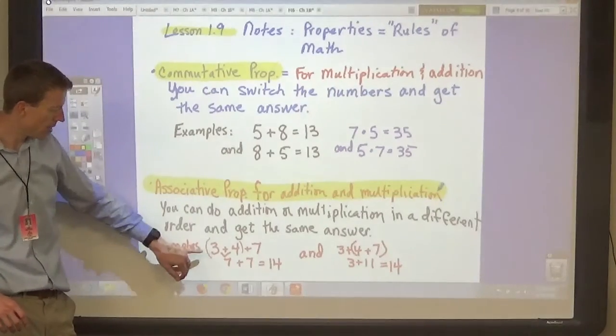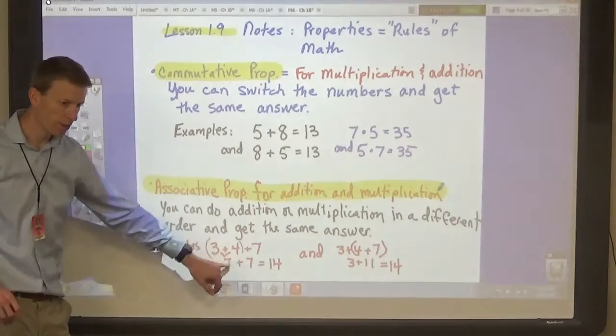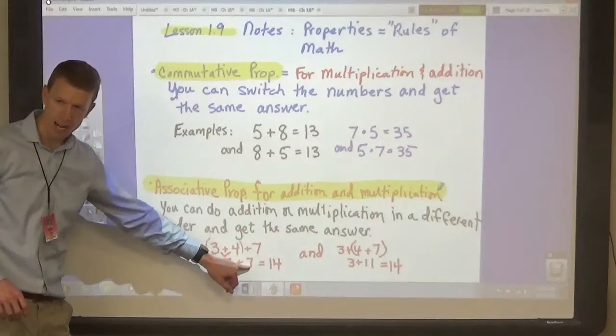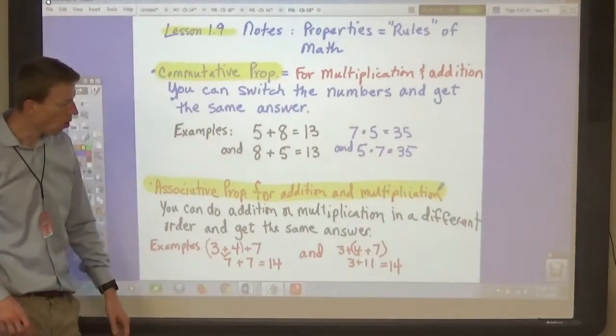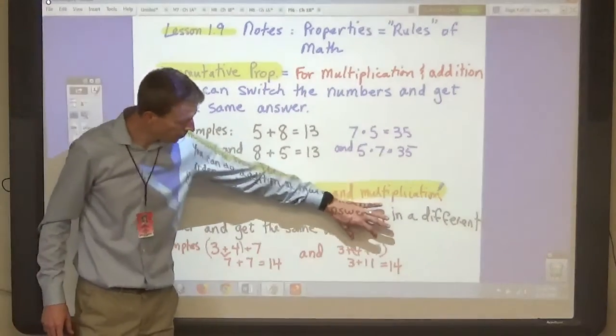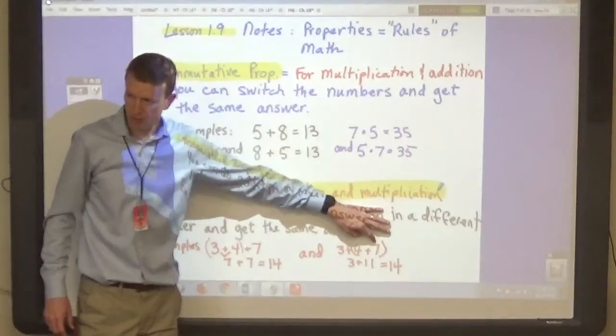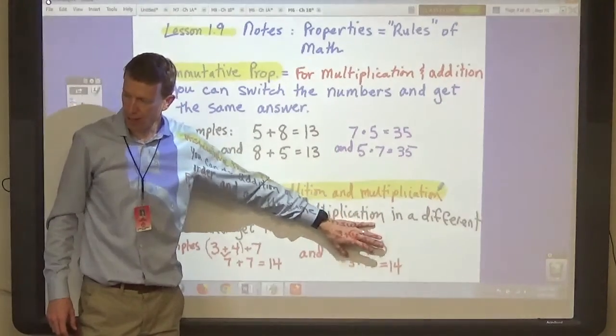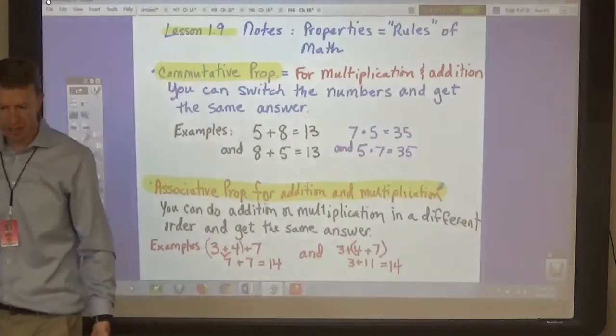So, in this example, 3 plus 4 is 7, and then you add the third one. Or I can choose to add 4 plus 7 first, and then add the 3. And I get the same answer.